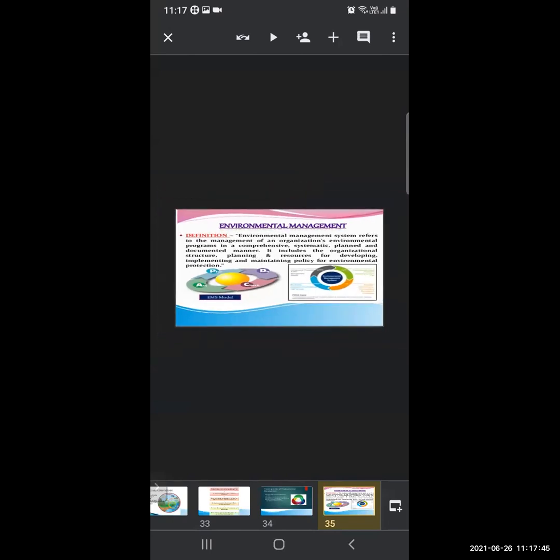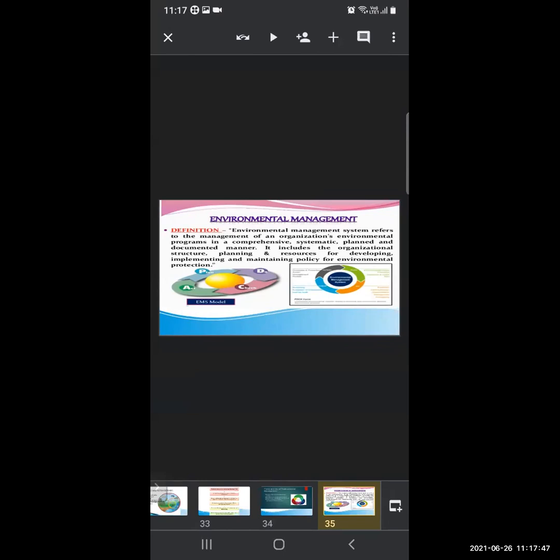So this is the definition. If you are starting your answer, start with the definition. It will create a good impact on the examiner.